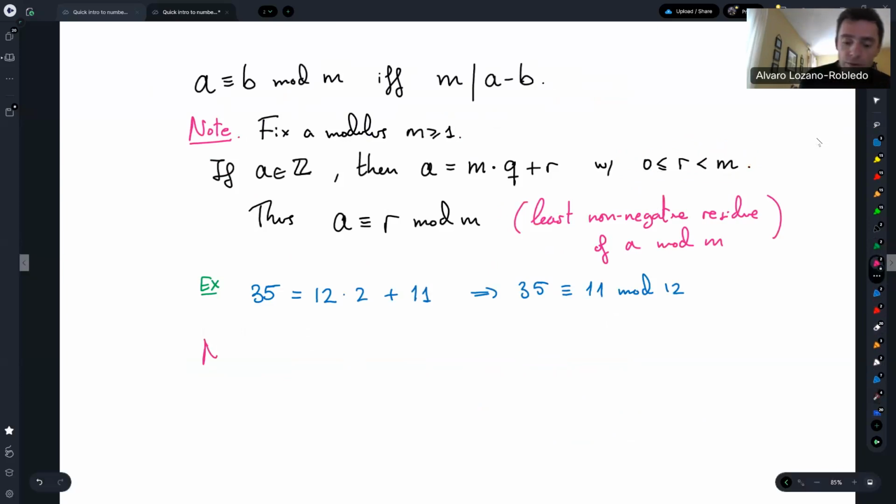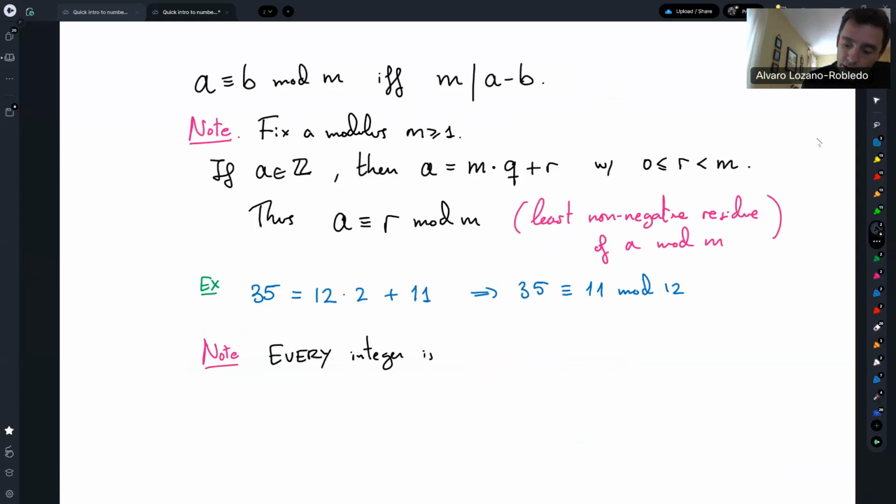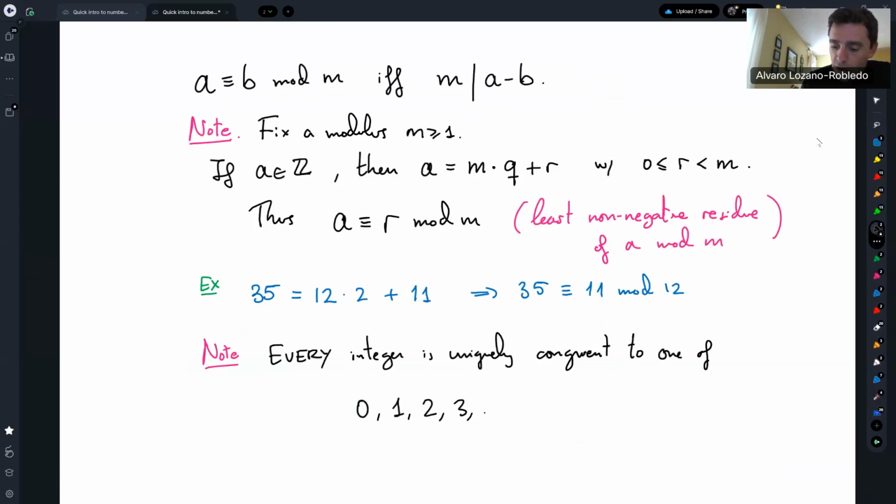So note then that every integer is uniquely congruent to one of 0, 1, 2, 3, up to m minus 1 when reduced modulo m.